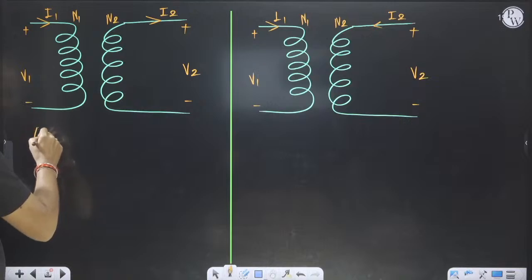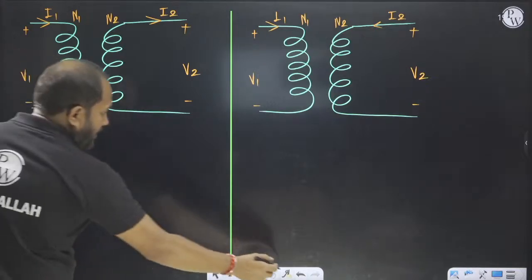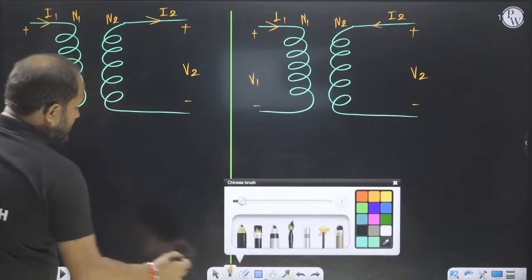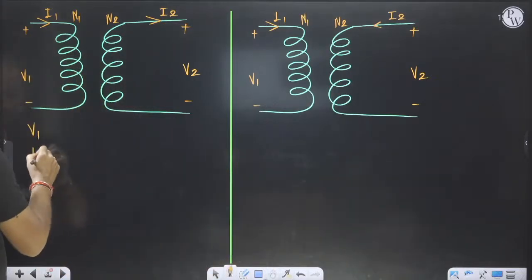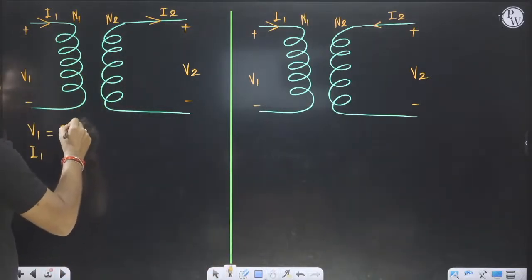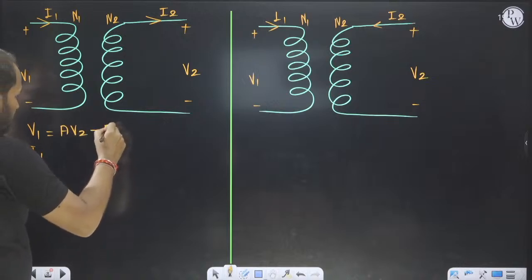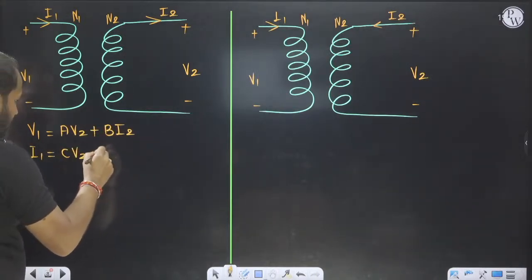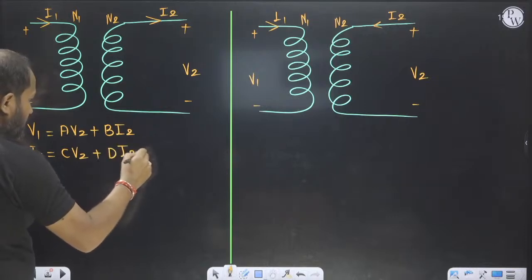So this is for incoming current. In this case I will write V1 is equal to A V2 minus B I2, and I1 is equal to C V2 minus D I2.